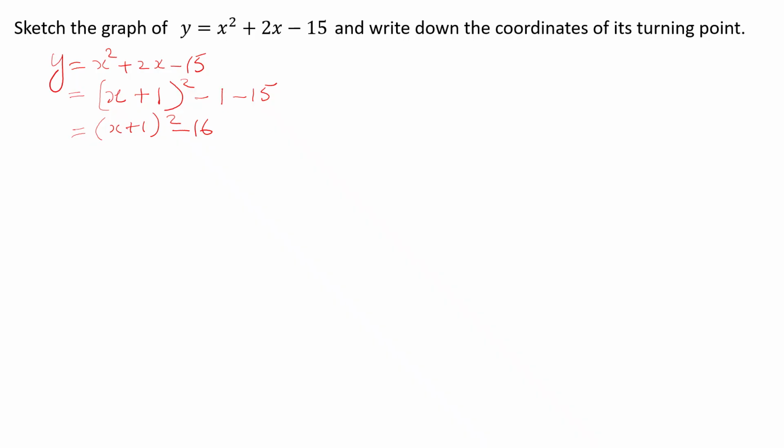So the turning point is the minimum value, x equal to negative 1 to make the bracket 0. Then the y value is negative 16. This is the first point.